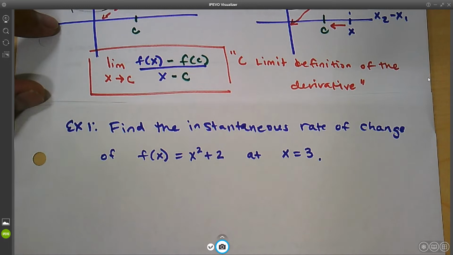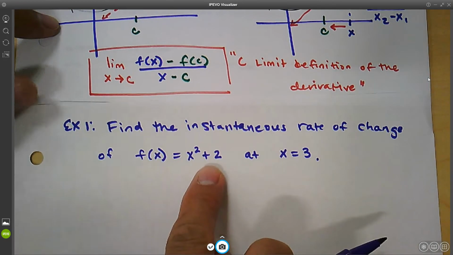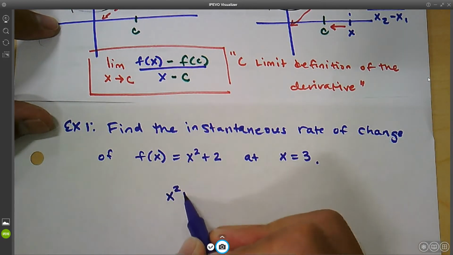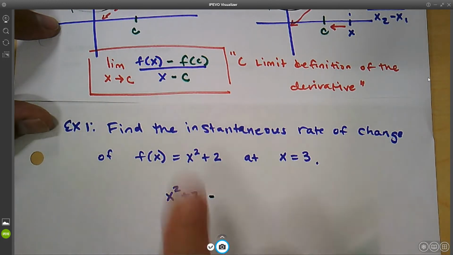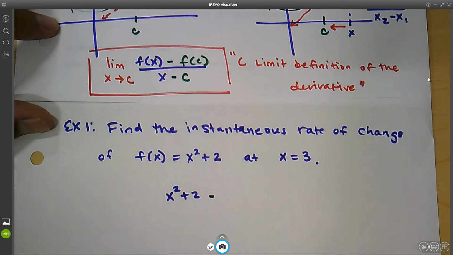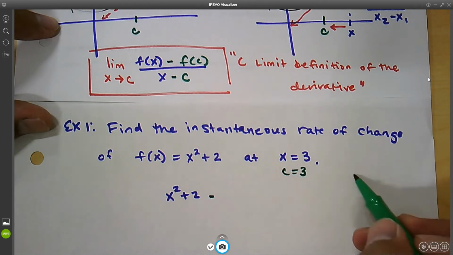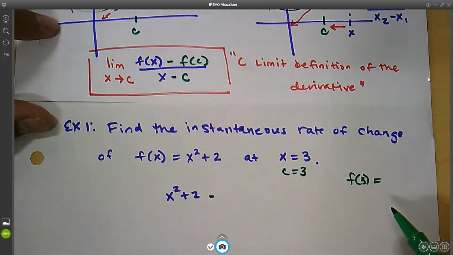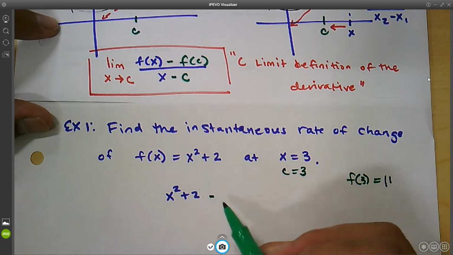Okay, so we're going to start off with just our formula. Our formula says find the equation, toss it there. Here's the equation, write it out. There's a minus there. In this case, what's c? Yeah, c is just 3. f of 3 is what? 11. Because you plug 3 in, 3 gets squared, plus 2 is 11.